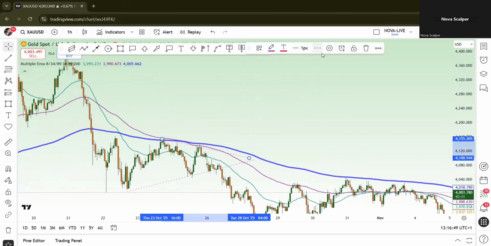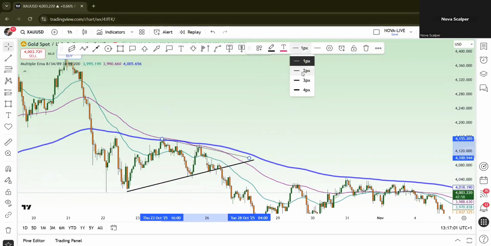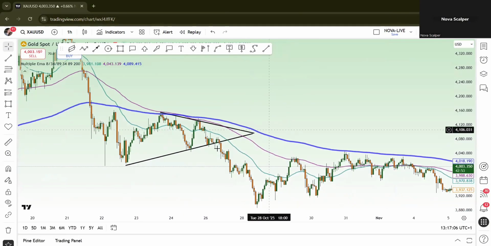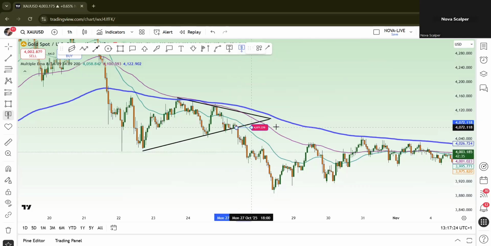Let me change the color and the line to help you see it more clearly. Okay, so this is the triangle pattern on the chart. When you see this candlestick break down from the lower trend line, let me show you the price level.